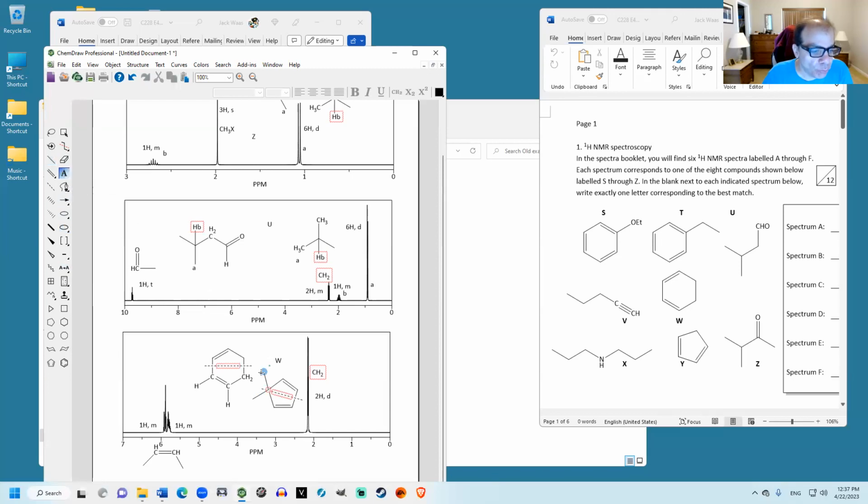Instead of the ratio being 2 to 1 to 1, the ratio would be 1 to 1 to 1. Cyclopentadiene is also a symmetrical compound. But instead of the ratio being CH2 to CH to CH, it's CH to CH to CH. So the ratio is wrong. The integrals are wrong. So it cannot be compound Y. It must be compound W.